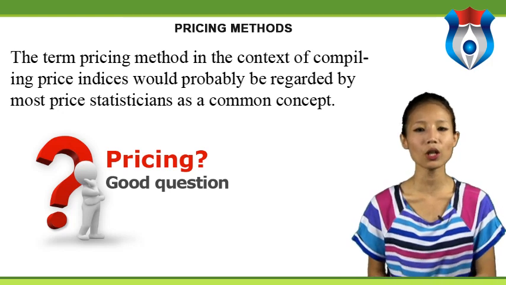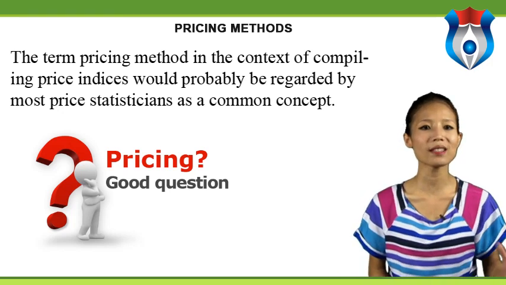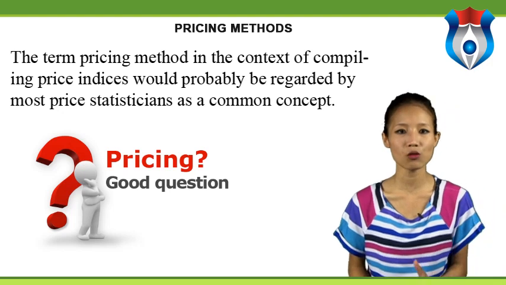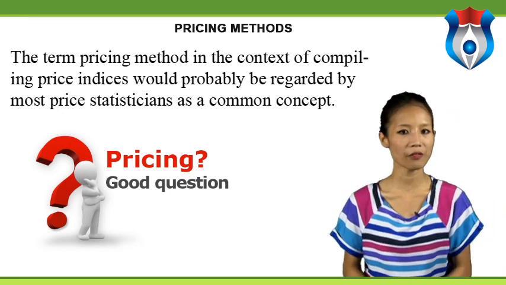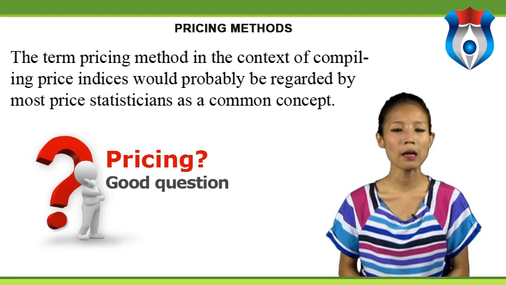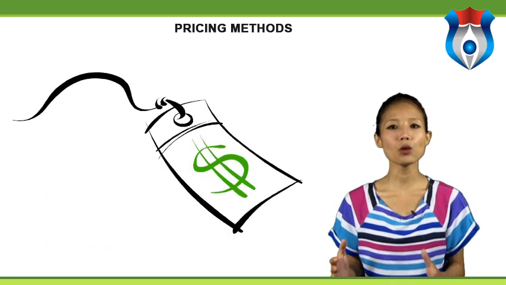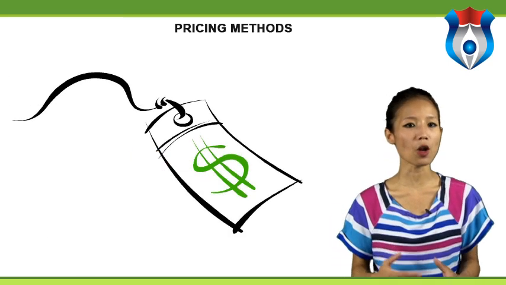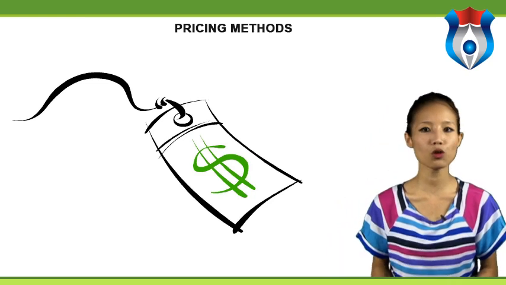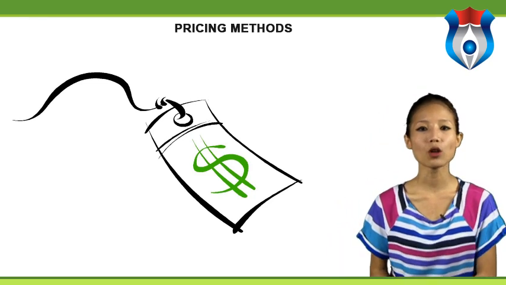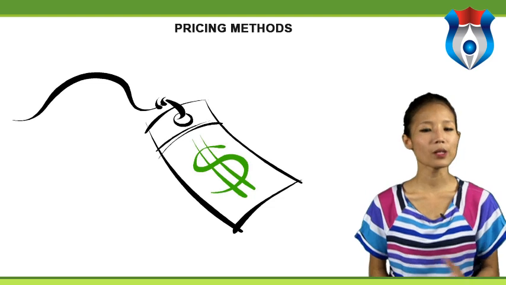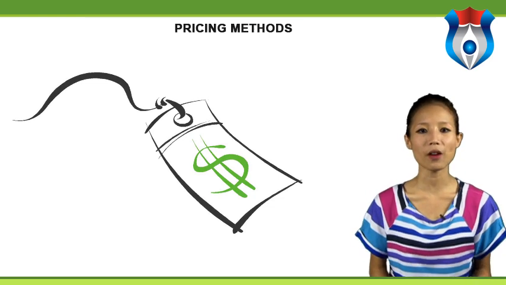This is particularly true in the case of producer price indices for service industries, SPPI, where defining pricing methods is crucial in many respects. The use of a specific type of information on prices to represent the evolution of price in price index compilation specifies the method.